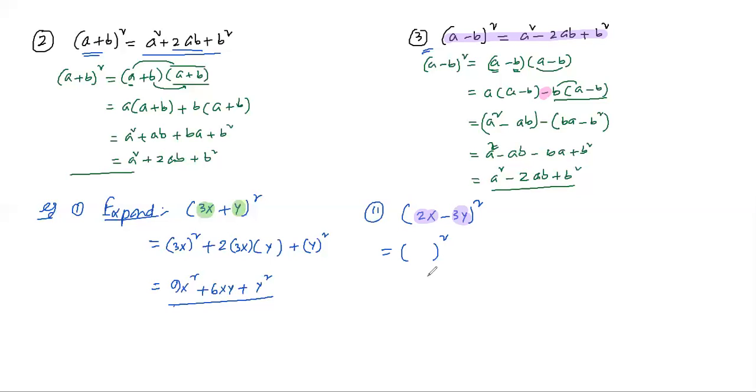First, preserve the place for AB by putting a bracket, then I can assure you that you will never commit any mistake. A square is there, then 2, this is the place for A, this is the place for B, and then plus this is the place for B square. Now in place of A you put 2x, here also 2x; in place of B you put 3y, here also (3y) whole square. Now simplify and arrive at the result. It will be 4x square, then 2 into 2 is 4, 4 into 3 is 12, xy, and then 3 square gives you 9y square. So that's the result.